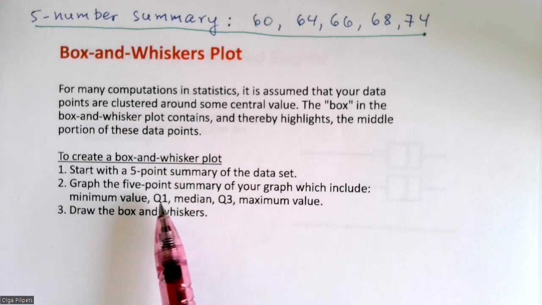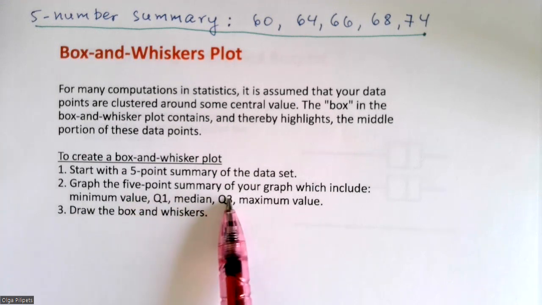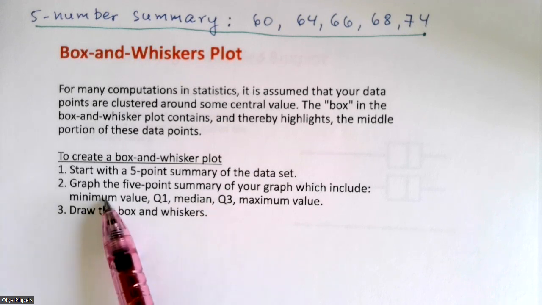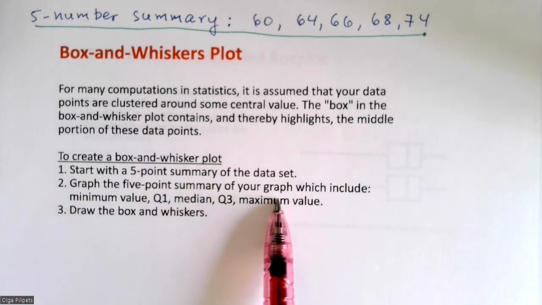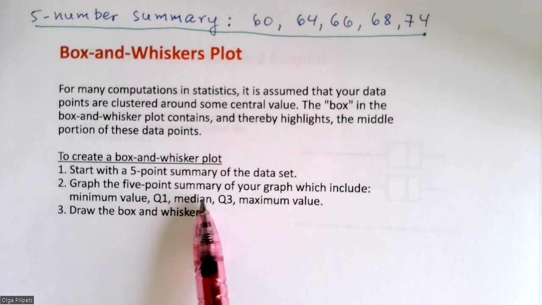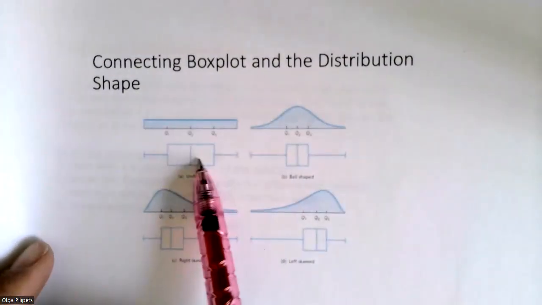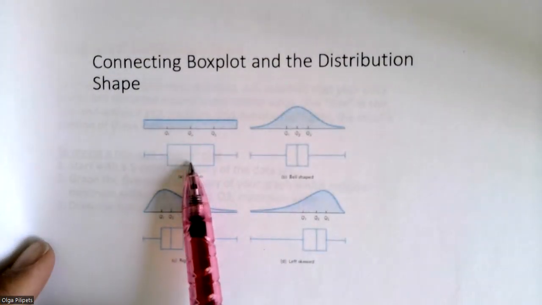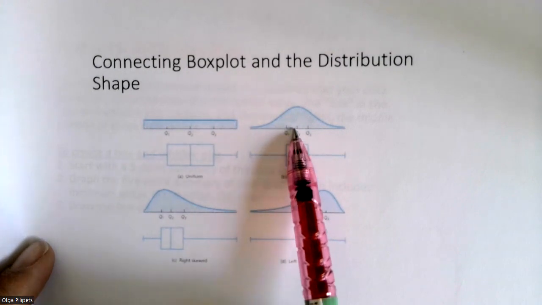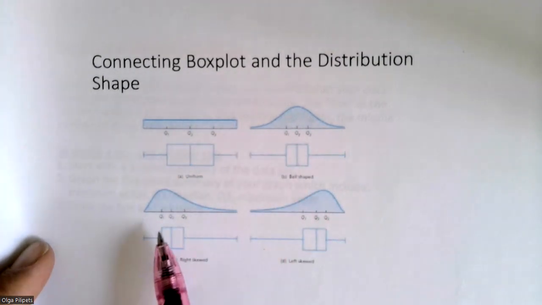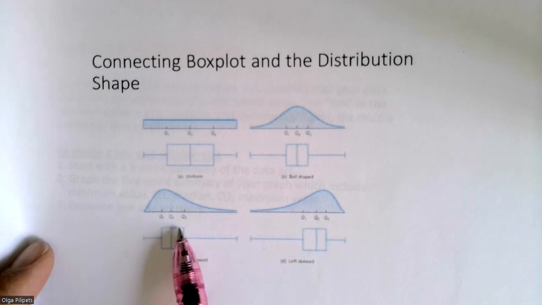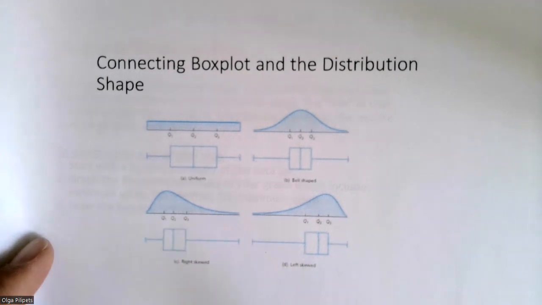Q1 and Q3 are the beginning and the end of the box. The minimum value is the end of the whisker on the left. The maximum value is the end of the whisker on the right. And then we have a line in the middle, which corresponds to the median of each data set. This is quartile 1, this is quartile 3.